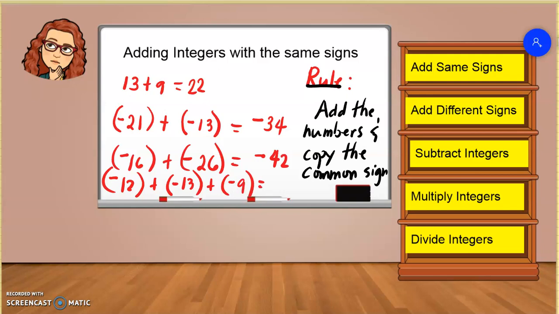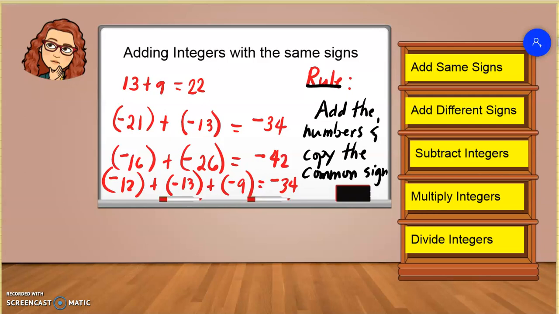So what do you think? Of course, all of them have the same signs, so we will follow the rule: add the numbers, and copy the common sign, which is negative. Then proceed to addition. 12 plus 13 is 25. 25 plus 9 is 34. So the answer is negative 34.